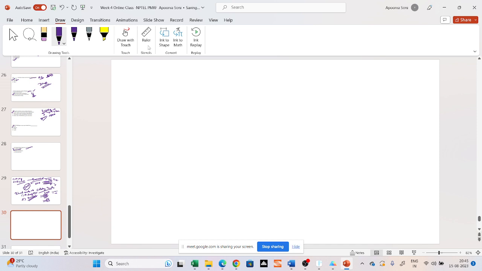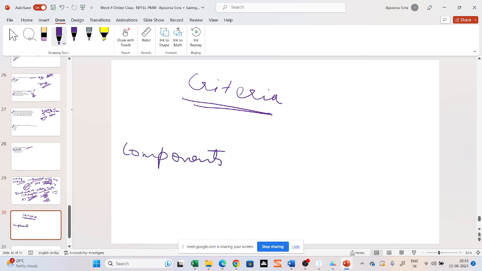Tell me the criteria of a good vector and what are the essential components. What are the important components of any basic vector? What are the basic components?